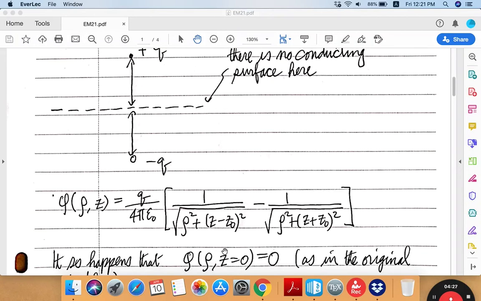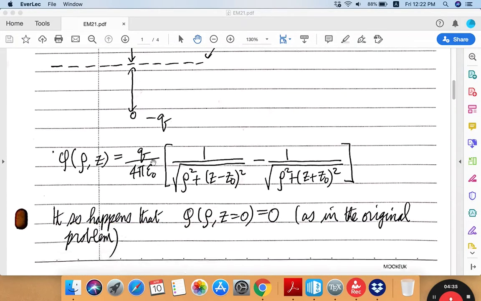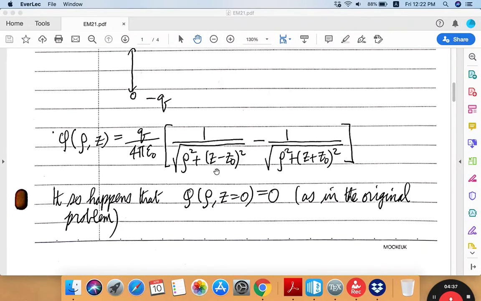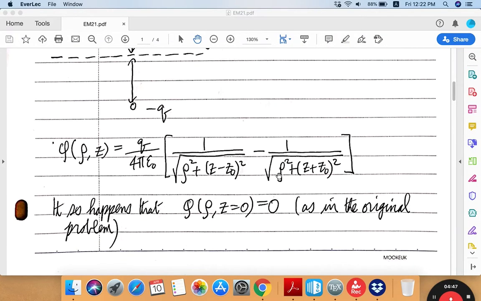Now, quite obviously, consider the potential that this dipole generates when z is equal to 0. So you have to take z to be 0 here and here. Well, in that case, this difference vanishes. In other words, in the entire plane where z is equal to 0, you just have created a zero potential everywhere.